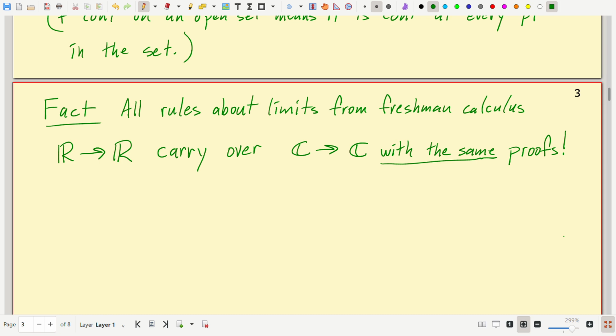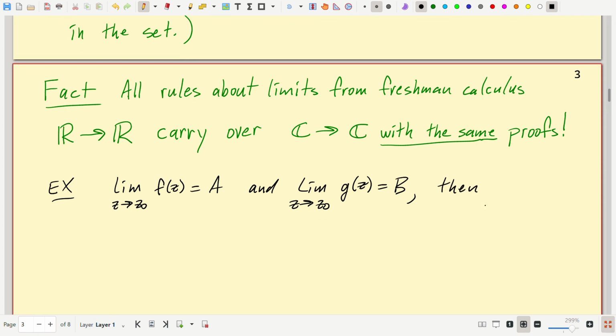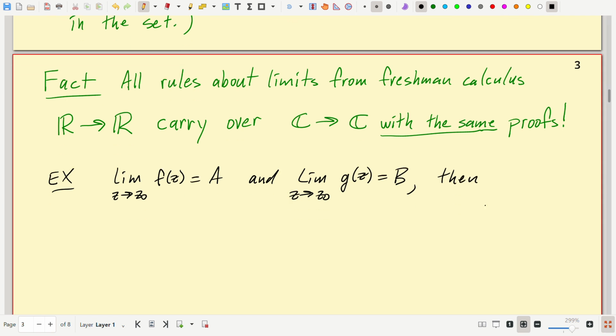So an example would be stuff like, if the limit as z tends to z naught of f of z is equal to a, and the limit as z tends to z naught of g of z equals b, then the limit of the product exists and is a times b, stuff like that.